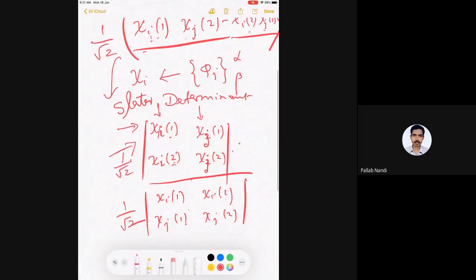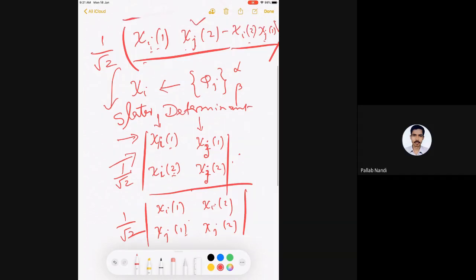This is simpler to write because I don't have to bother. I have a very simple recipe of extending to n electrons and n spin orbitals, because in the Pauli principle, for electrons, we know that all spin orbitals have to be different for n electrons. So if I have n electrons and n spin orbitals, I can still write an extension of this determinant very easily. That is why I'm saying that the determinant is a convenient form.